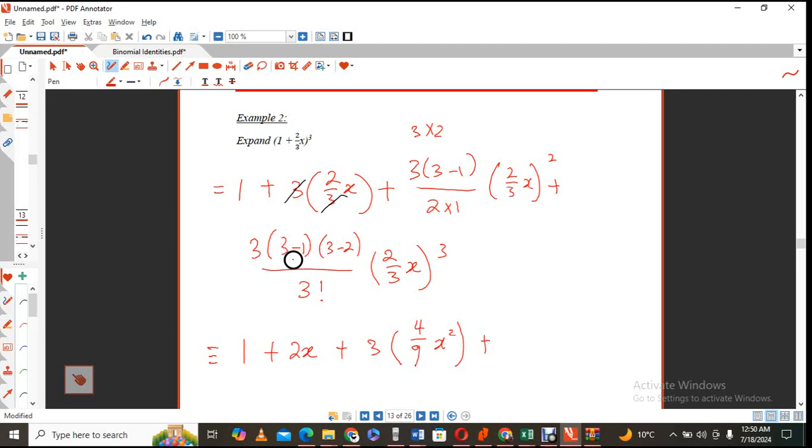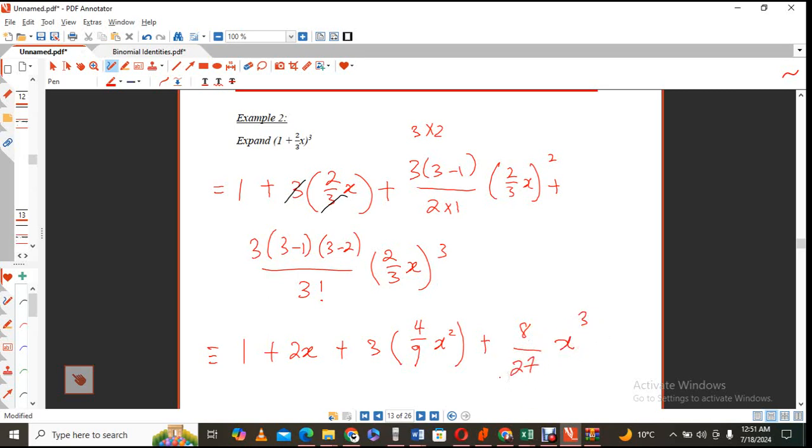So let's get to this one. Now remember, 3 factorial is nothing but 6. So on top I have 3 times 2 times 1, so that is 6, and 6 divided by 6, this whole thing here will just give me 1. So I have then to only worry with this. I have 2 cubed, which is 8, and 3 cubed, which is 27x cubed.